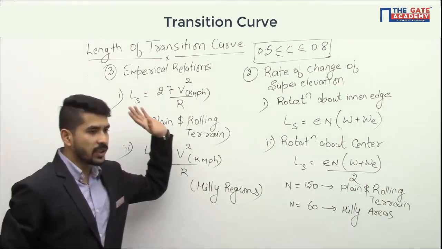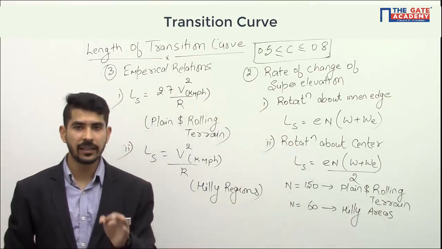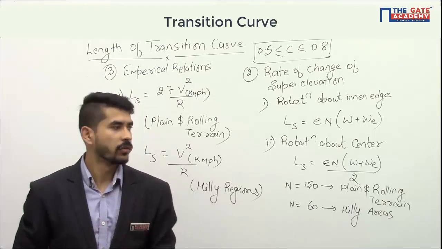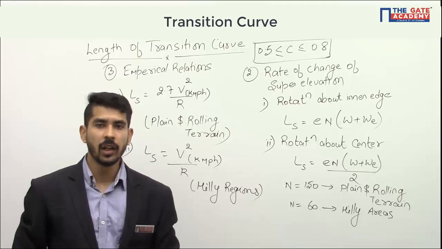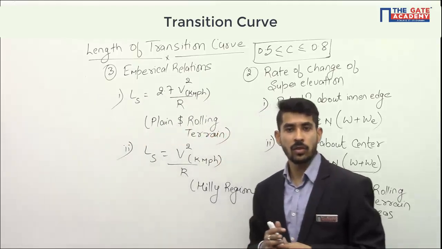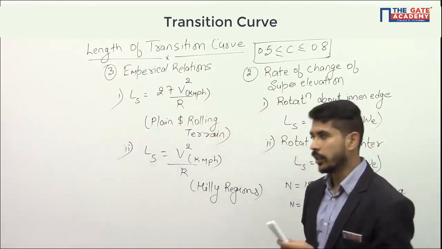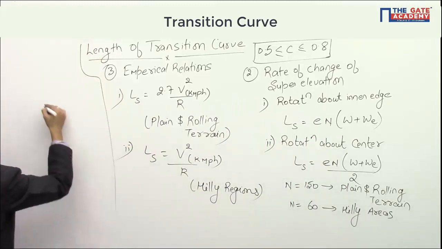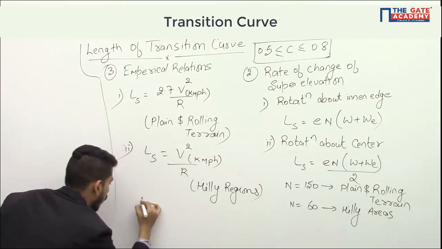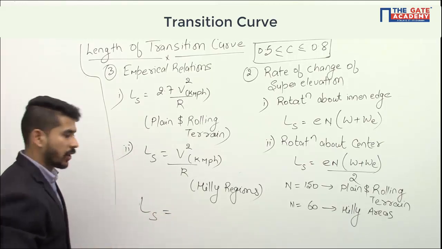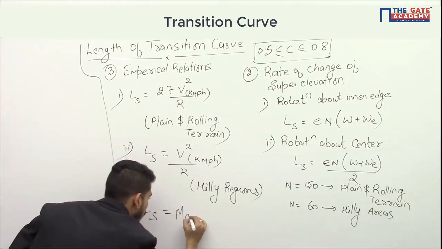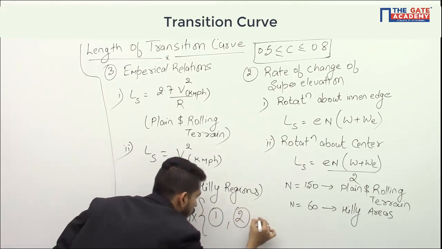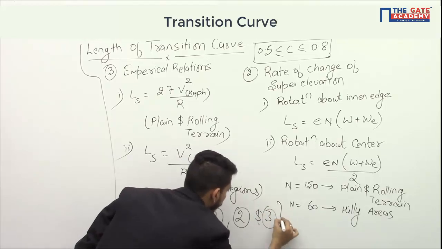Now, on the basis of three criteria, we are determining the length of the transition curve. Which length do we have to take? We have three kinds of length we will get. What value do we have to adopt? Ls will be the maximum of 1, 2 and 3.